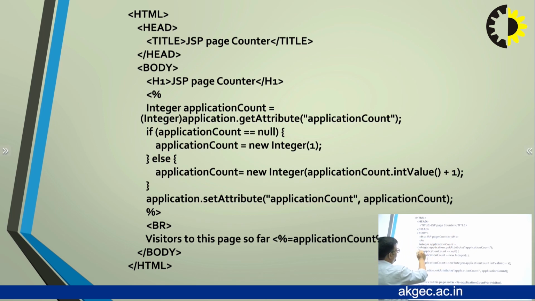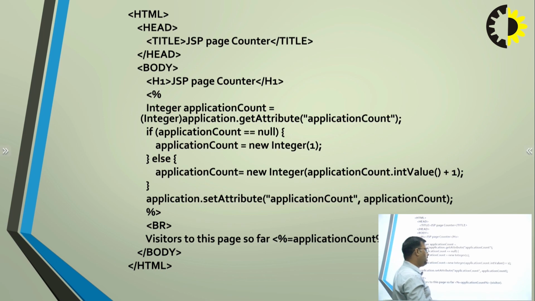Again initiate the integer application count, integer application dot get attributes, application count. If the application count is equal to null, then application count is equal to new integer. If the condition is true, fine, otherwise else application count is new integer application count int value method plus 1.